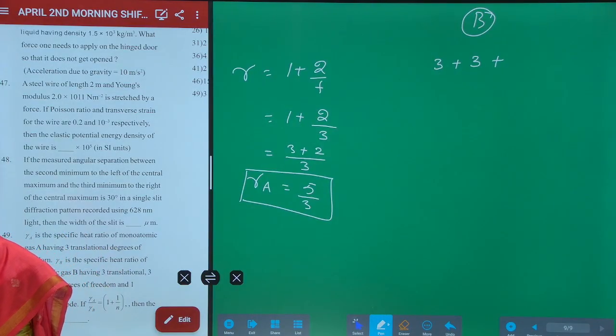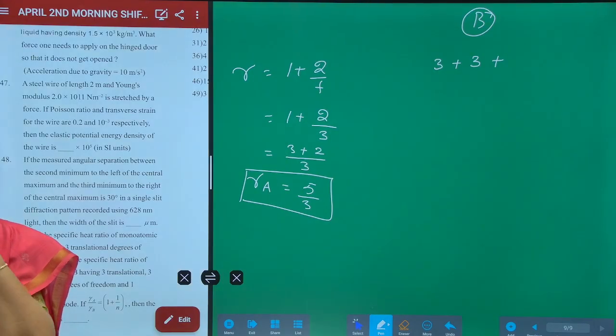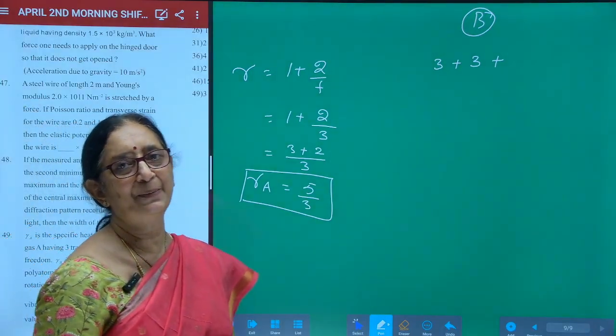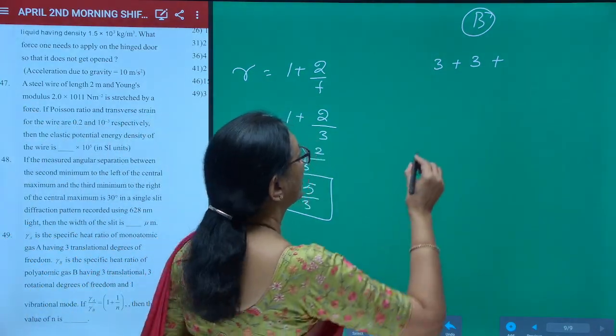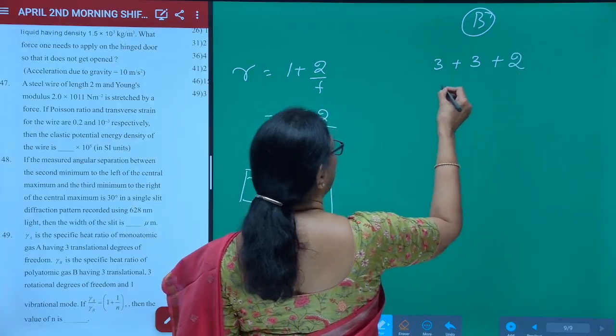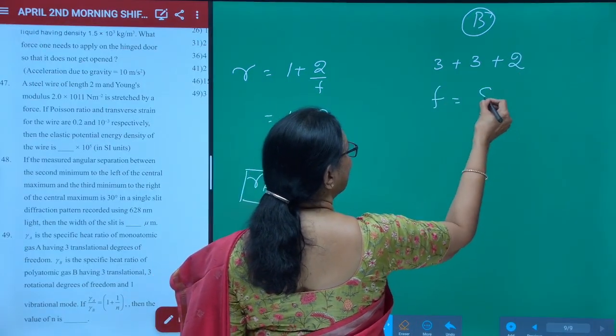So, each vibration is associated with 2 degrees of freedom. One is because of its potential energy and the other is because of its kinetic energy. So, altogether degrees of freedom in the second case is 8.